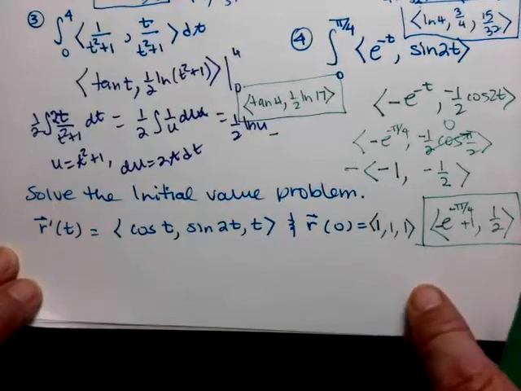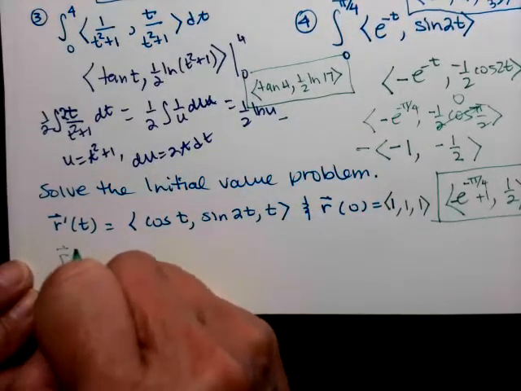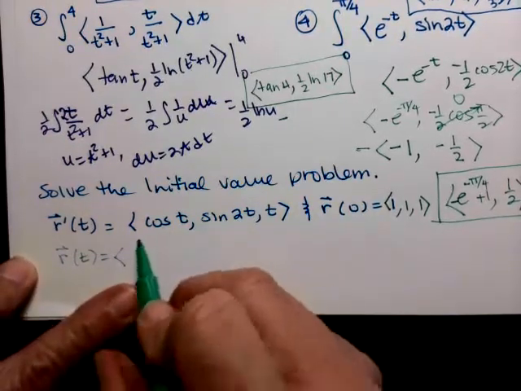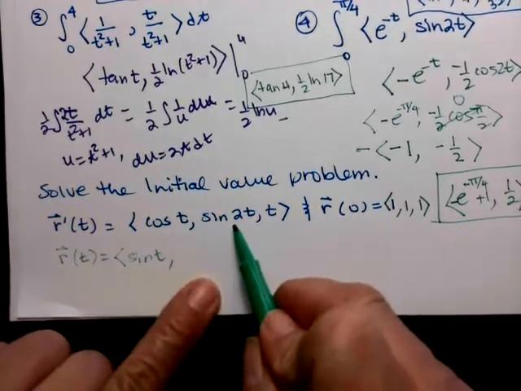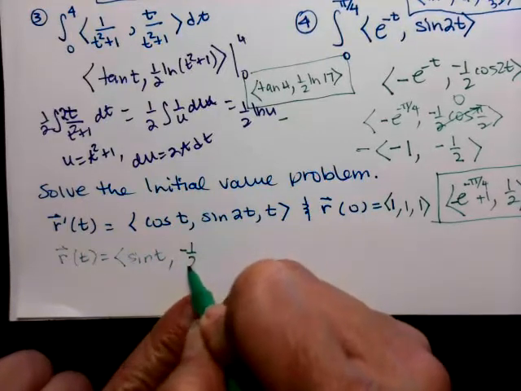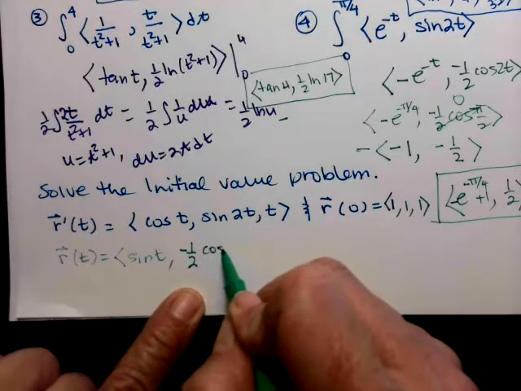Okay, so we're going to start by finding our r vector. So we're going to integrate term by term. So cosine t goes to sine t. Sine 2t, we just practiced that. That goes to negative 1/2 cosine 2t.